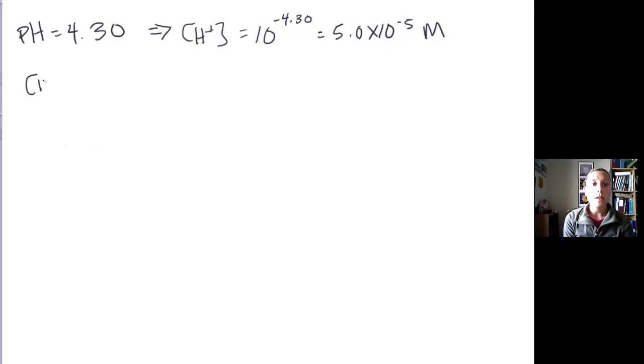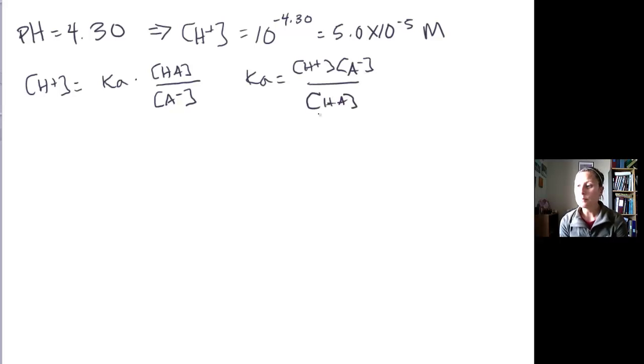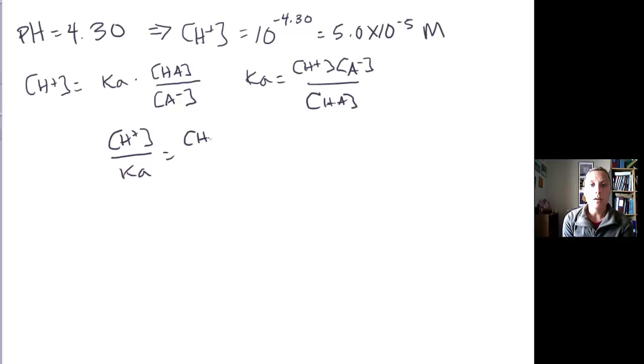We know that H plus is equal to the Ka value times the concentration of the weak acid divided by the concentration of the conjugate base. And this just comes from the rearrangement of the equilibrium expression, Ka equals H plus A minus over HA. Okay, so that's where that's coming from. So if we rearrange this to solve for just our ratio part, then that means that H plus over Ka is equal to our ratio, acid over conjugate base.